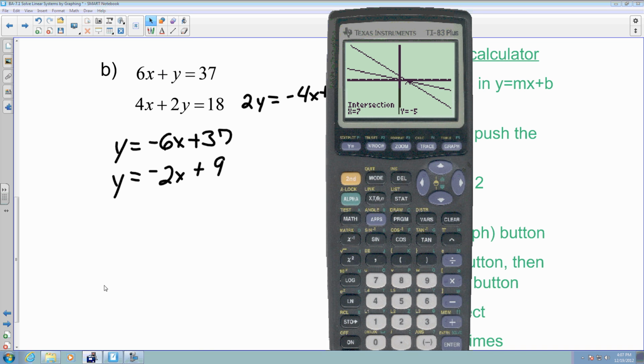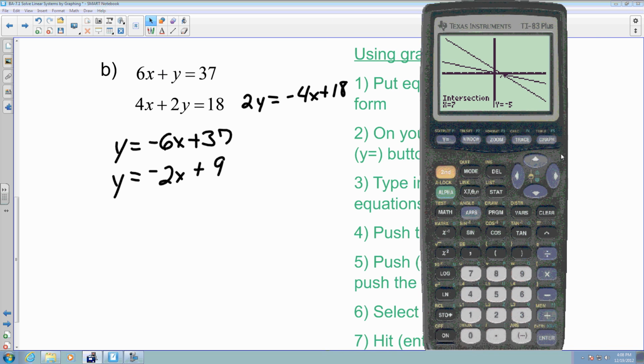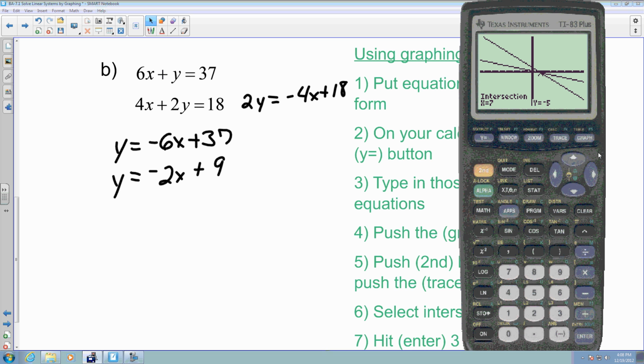Hold on a sec. Sorry about that. Okay. It says that the intersection is at 7, comma, negative 5. Now I can check this if I so desire.